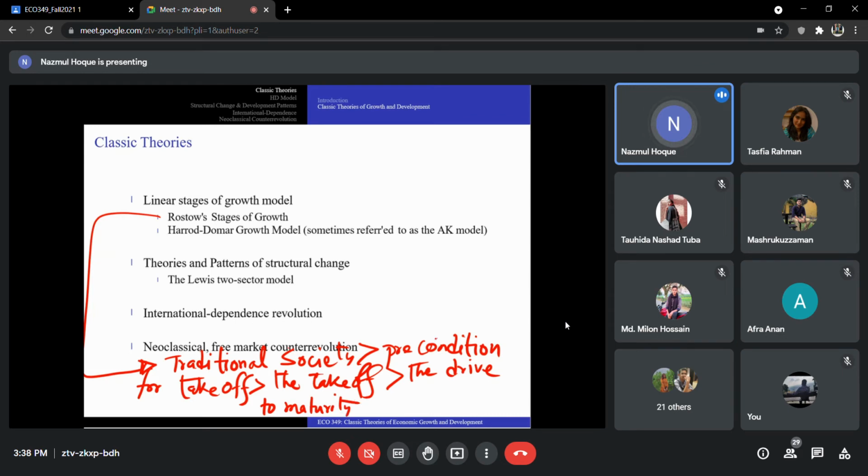So how many? 1, 2, 3, 4, and then we have the age of high mass consumption.